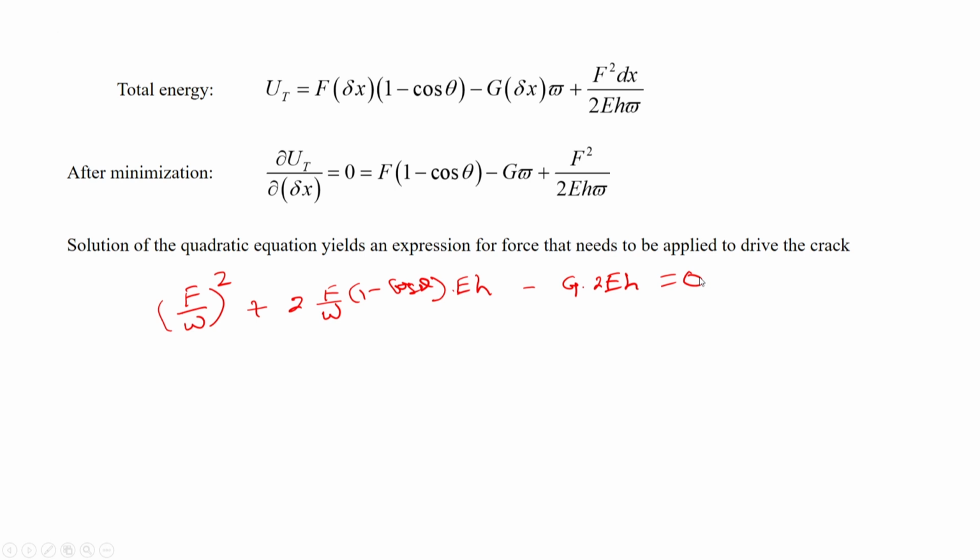So, I have rewritten this equation to get it in terms of F by W. That is what I would like to do now.